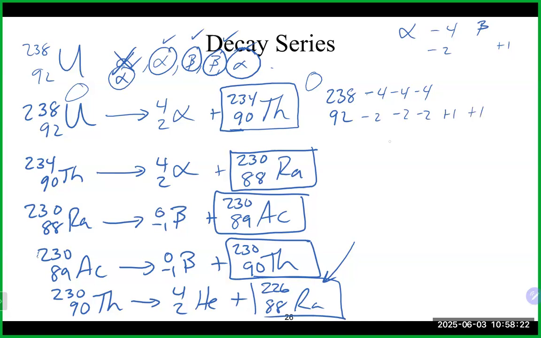So for the top, 238 minus 4 is 234, minus 4 is 230, minus 4 is 226. On the bottom, 92 minus 2 is 90, minus 2 is 88, minus 2 is 86, plus 1 is 87, plus 1 more is 88.